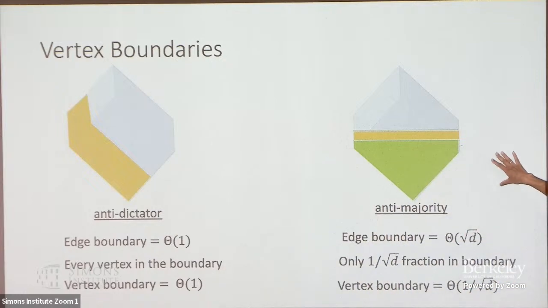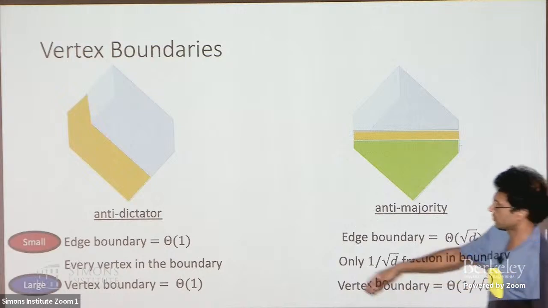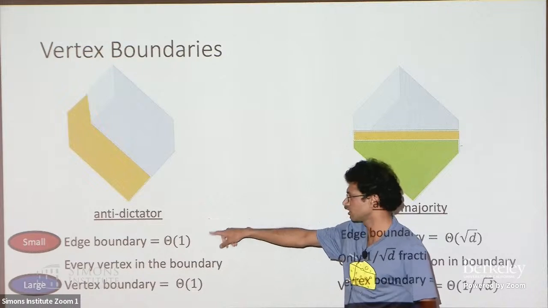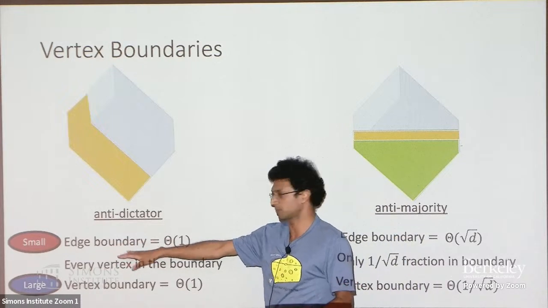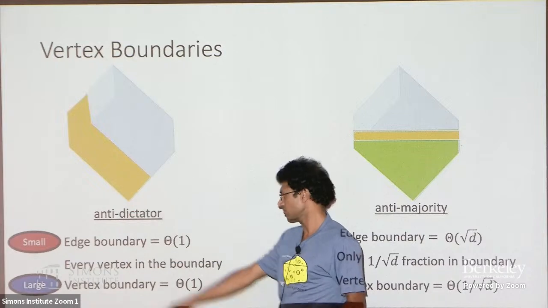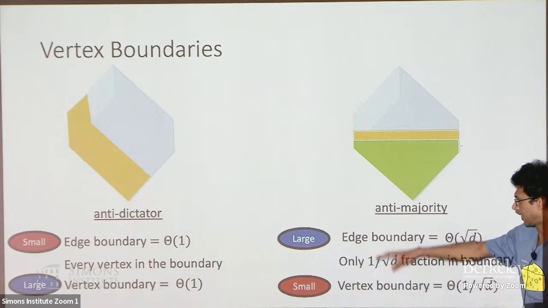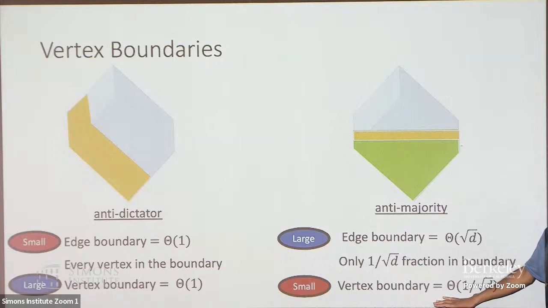In this majority or anti-majority case, the edge boundary is theta of root d, but the vertex boundary is theta of 1 over root d. It's just small. You see that over here, the edge boundary is the smallest possible value given Poincare, right? This is like the minimum expansion for that size. And here, the vertex boundary is small.